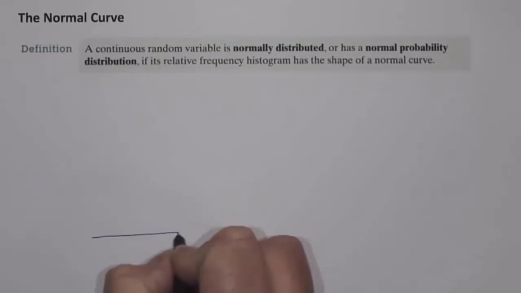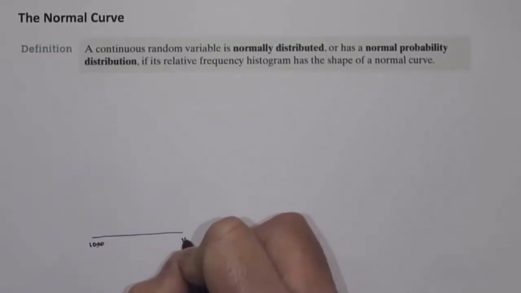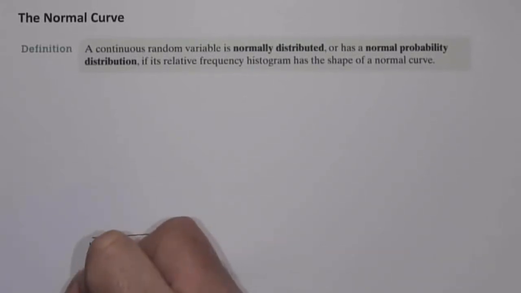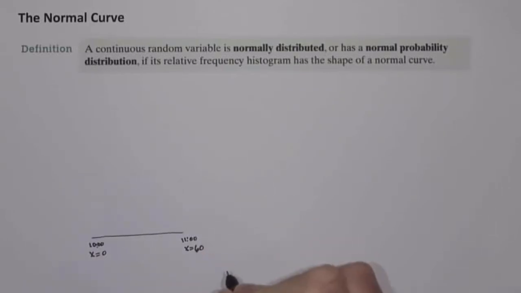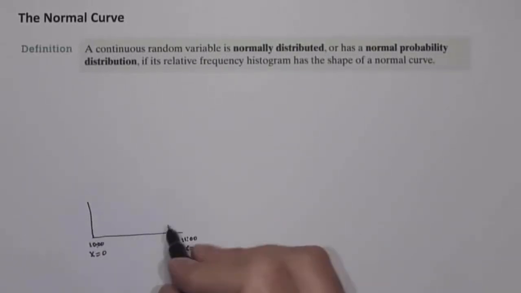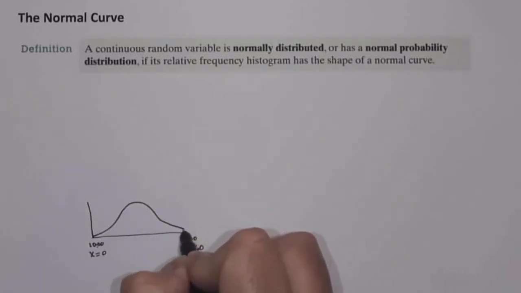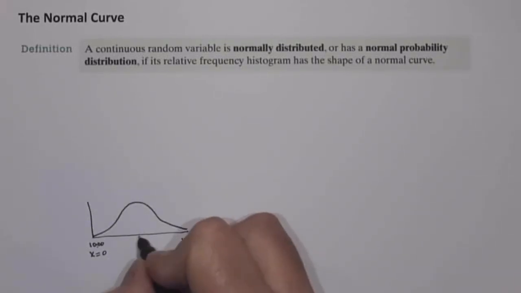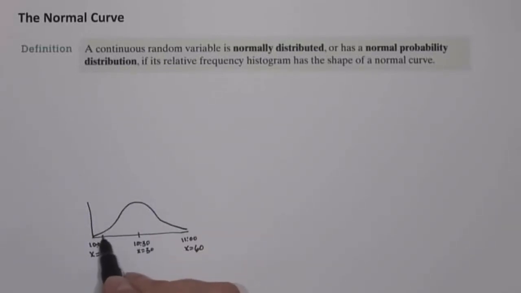If here is 10 a.m. and here is 11 a.m., so this was x equals 0 and this was x equals 60 in our previous example, the truth is it's probably more likely that the utility worker would be somewhere here in the middle, maybe around x equals 30 minutes, than around the 10 or the 11.